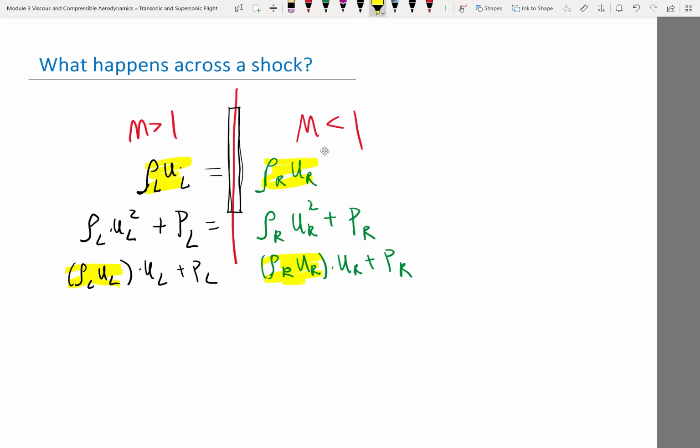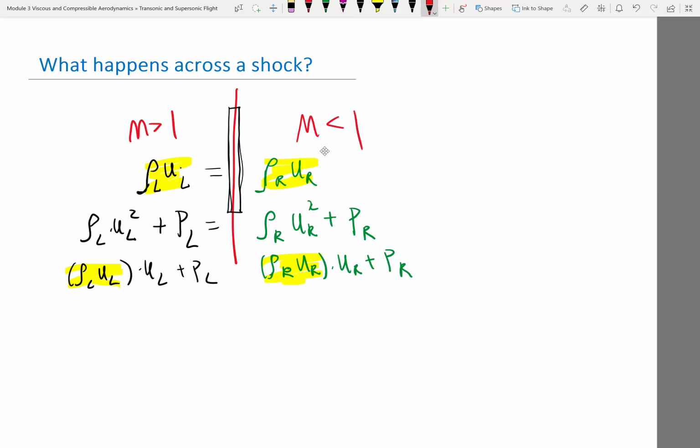And finally, these are all qualitative analyses. If you want to know exactly how much the pressure has jumped, how much velocity decreased, how much density has jumped, you also have to write down the conservation of energy. And that's probably too complicated for today.